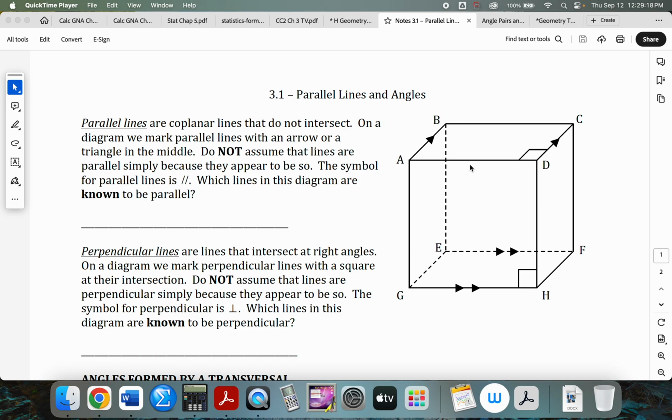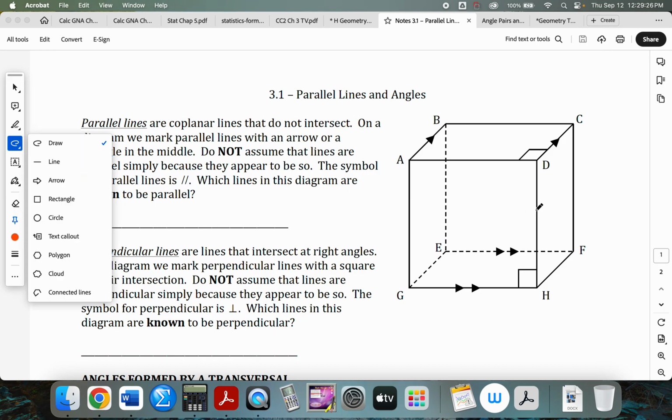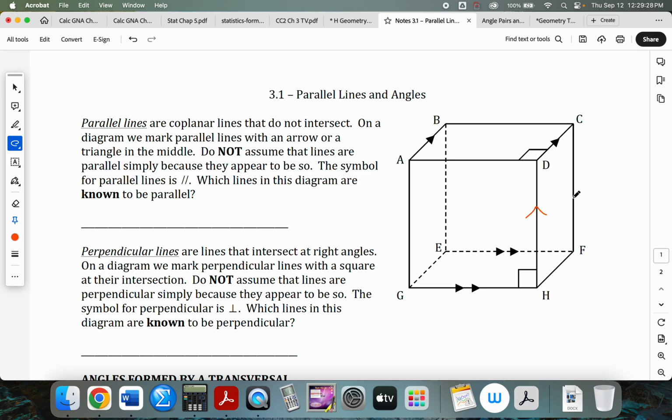On the diagram, they're marked either with an arrow or with a triangle in the middle. Your book tends to mark them like this. That's just not my preference. It doesn't really matter. I usually close them up and color them in. It's the same thing.